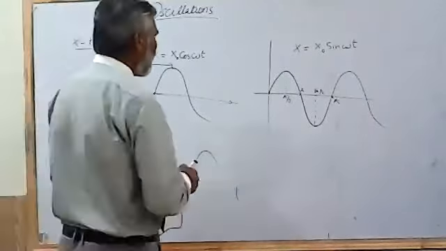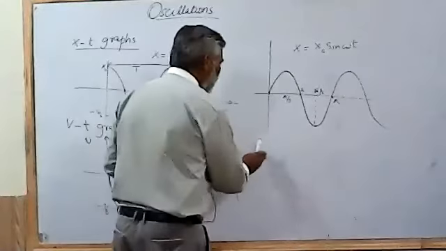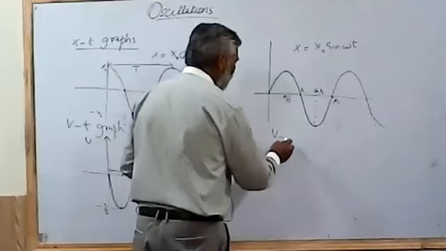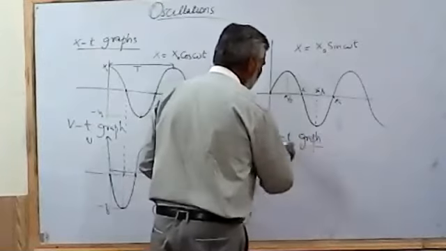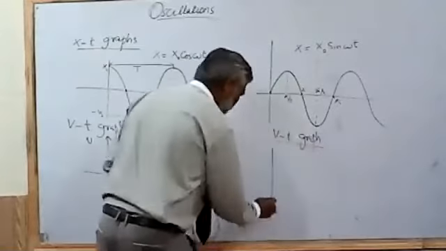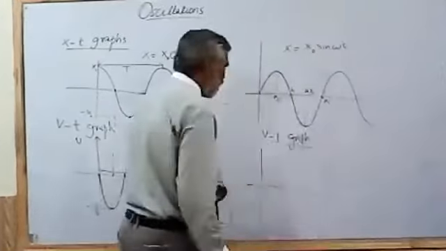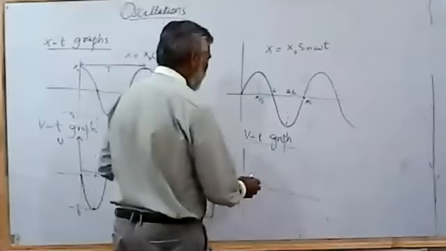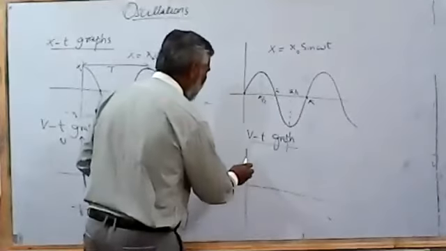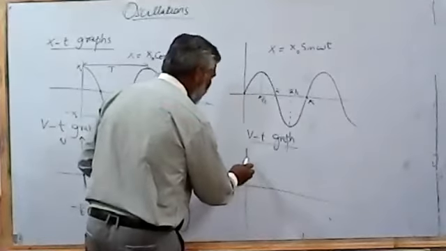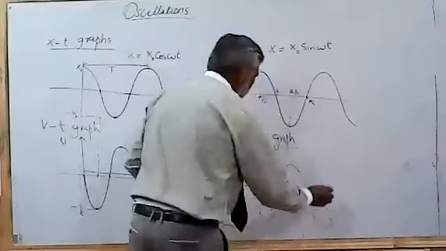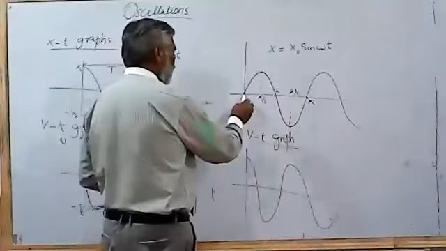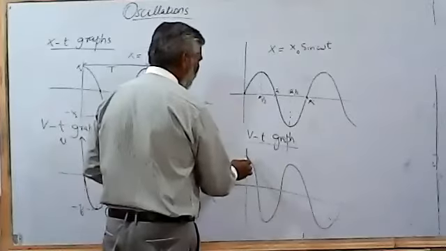Similarly, if I make a v-t graph of this situation in which the object is initially at rest, it's easy to see that the graph will look like this. Because when it is at the mean position, the object will have maximum velocity.